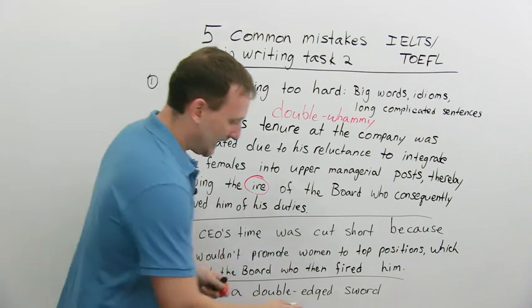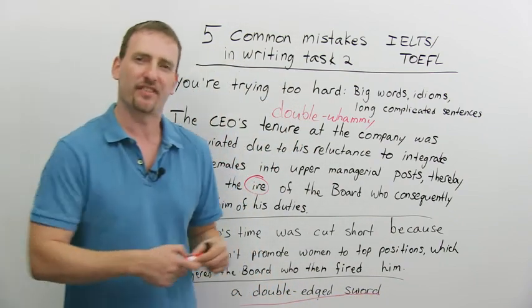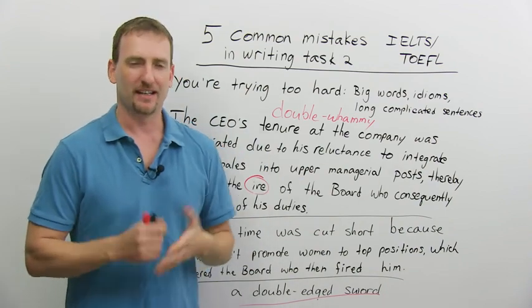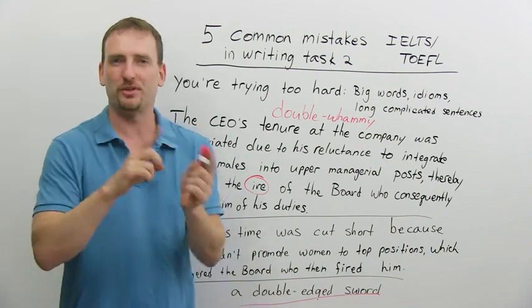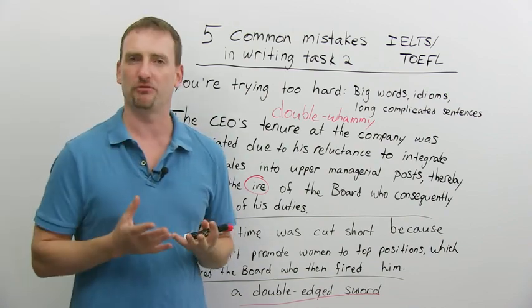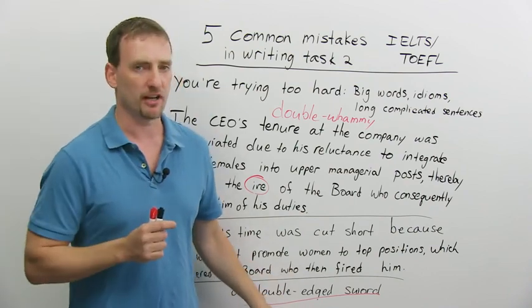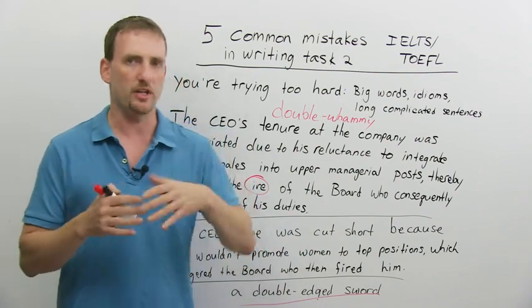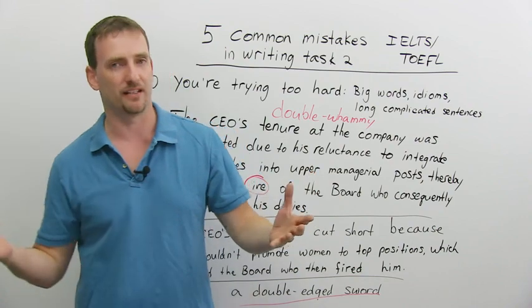Now, for some reason, people love this idiom, a double-edged sword. Everything is a double-edged sword. The problem with a double-edged sword is that there's two sides to it. And most people don't realize that, right? If you're going to use an idiom, make sure you're using it correctly. So this idiom, a double-edged sword, means that something or a situation or an action has both a positive side and a negative side.